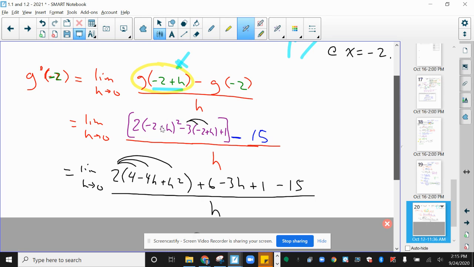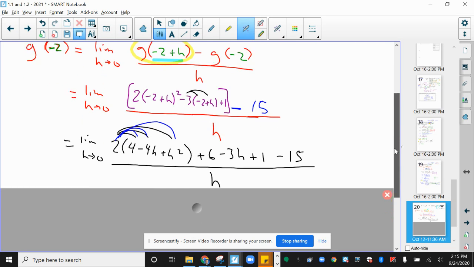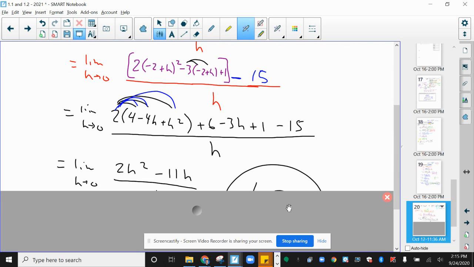Squared does not travel over plus signs like that. If you're squaring, you actually have to use FOIL. It's this times itself. And then with FOIL, you get this trinomial down here. So that's this bracket squared, but you still haven't included the 2. The 2 still has to distribute onto all 3 of these. So we need another cleanup step here.